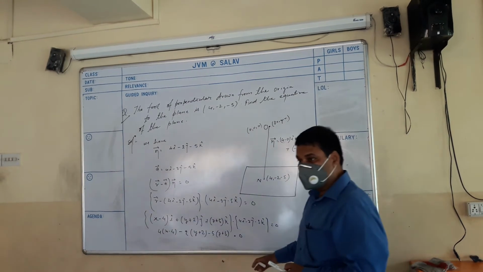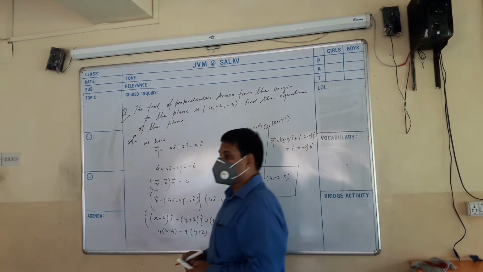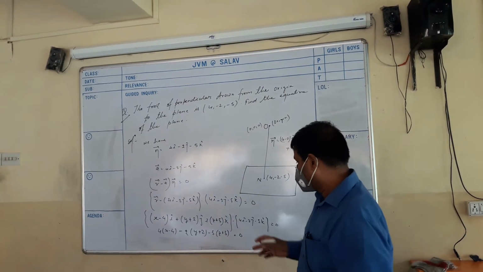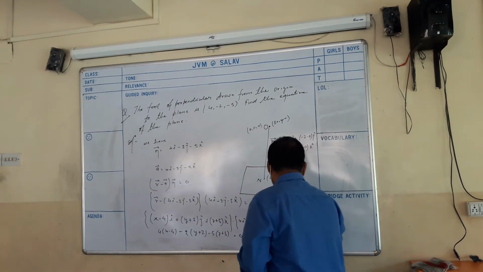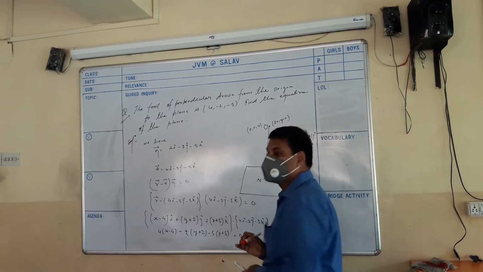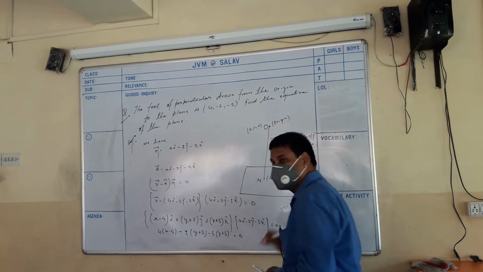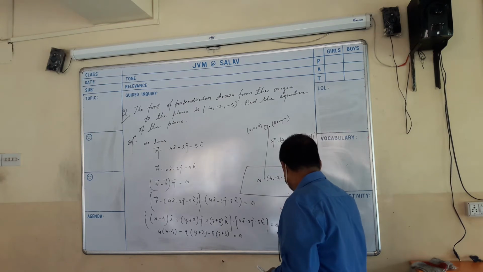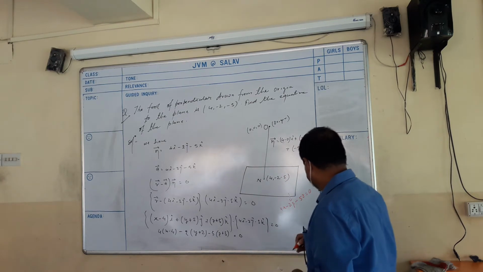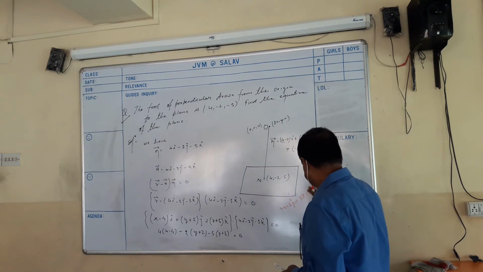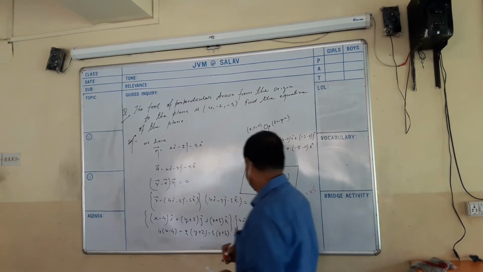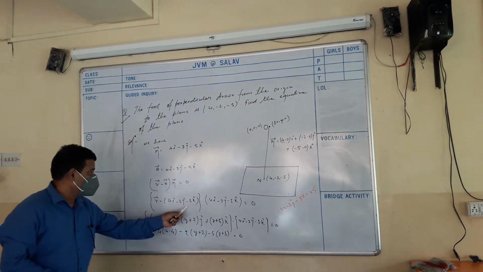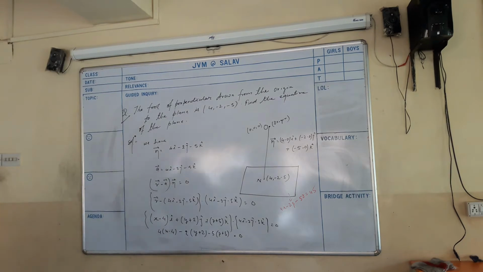Then simplify, you will get the equation of the plane: 4x minus 2y minus 5z is equal to 45. So this is the required equation of the plane in Cartesian form, and this one is the vector form.